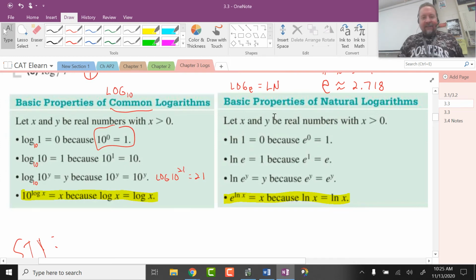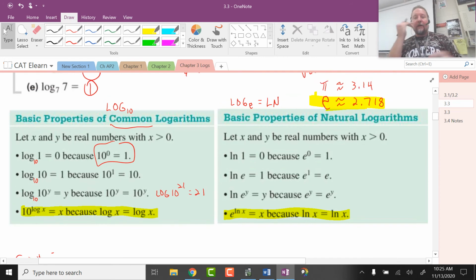All right. So two boxes of basic properties, one in base 10 and one in base e. And by the way, you should write this down: e is approximately 2.718. It is in the line of pi being for circles. Pi is 3.14. e is for growth and decay scenarios.